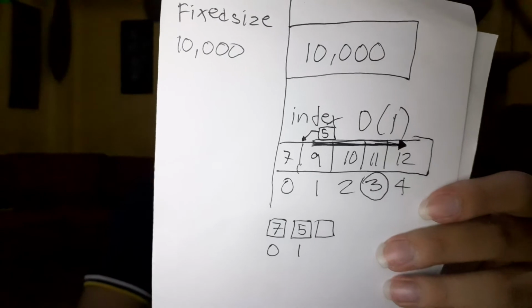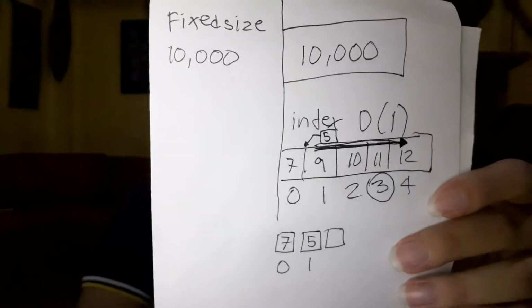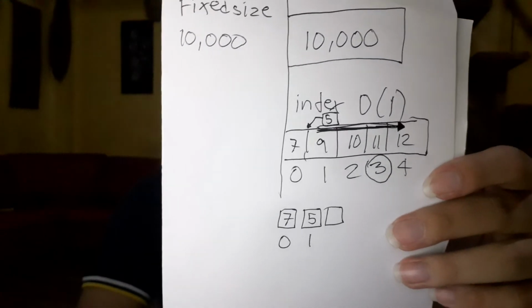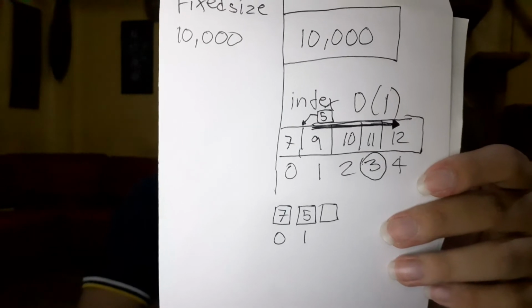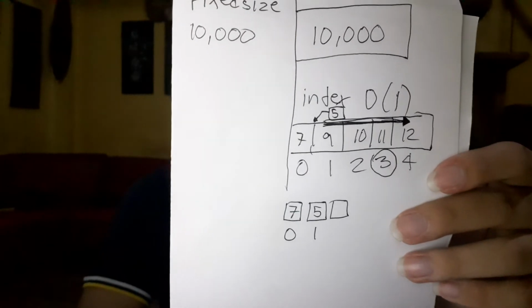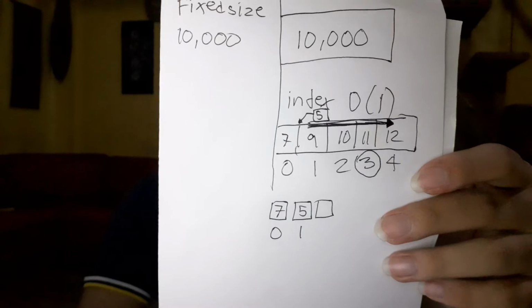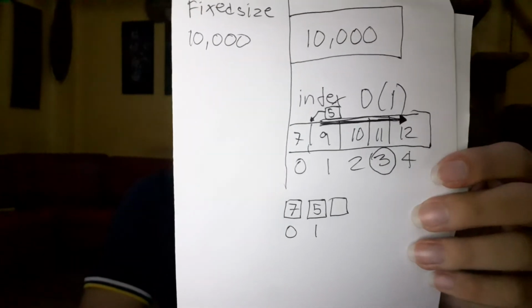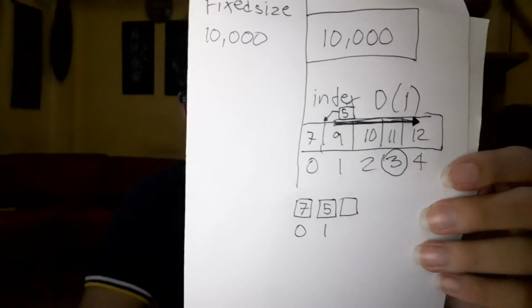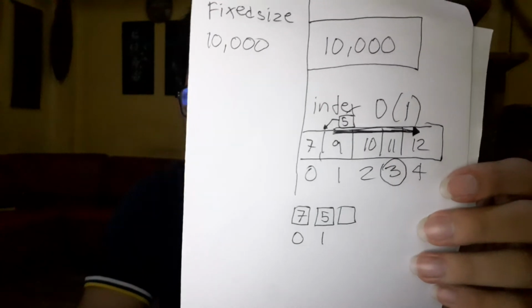So 9 needs to go where 10 is, 10 needs to go where 11 is, and 11 needs to go where 12 is, and 12 is well lost in emptiness. It's gone forever. Right, and that's what happens when we insert an item, at least into a full array.